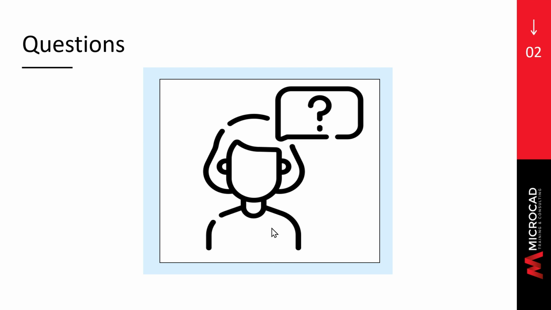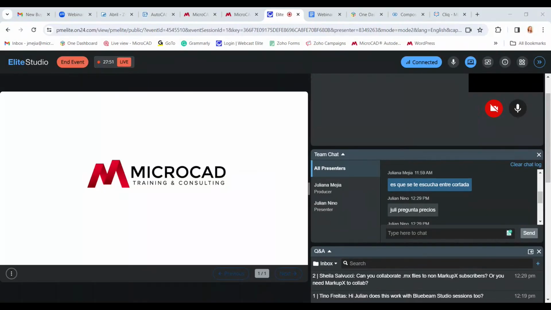We have a question right here. Can you collaborate MX files with non-Markups subscribers, or do you need Markups to collaborate? Okay, so if you don't have Markups, you're not going to be able to collaborate, right? So you might need to have the add-in to collaborate. Now we might try to do something, but this is on the realm of you needing to be either a really good programmer or really try to understand what we have behind the extension.